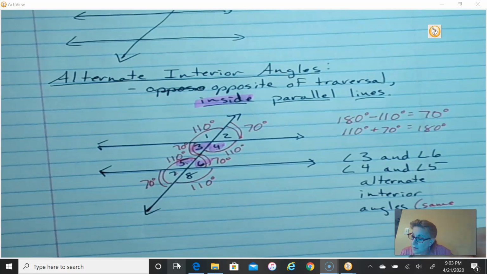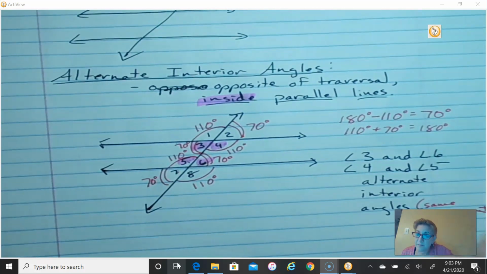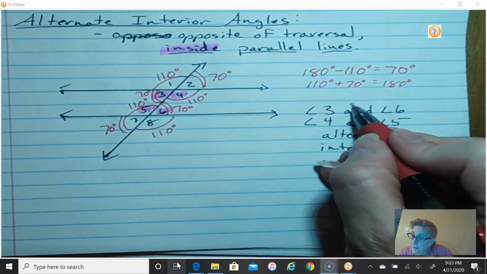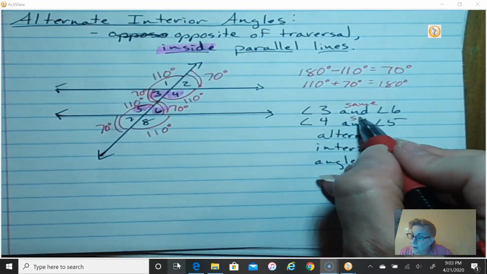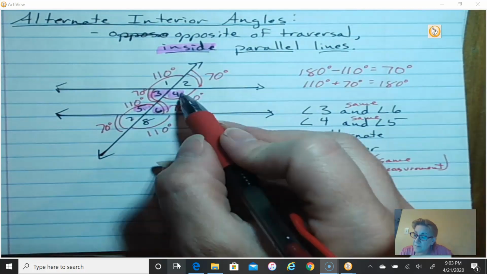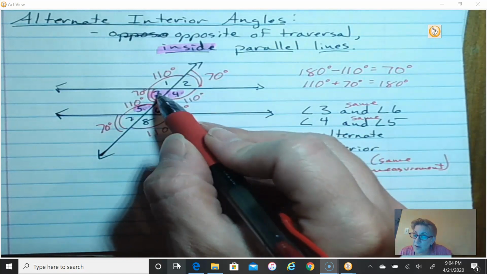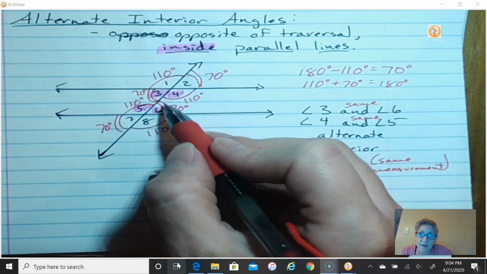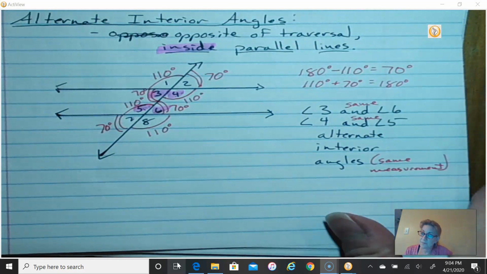Same measurement. These, same. 4 and 5, same. So if you know 4, you know 5, 110. 3 is 70, therefore 6 is 70. Alternate interior angles. All right.